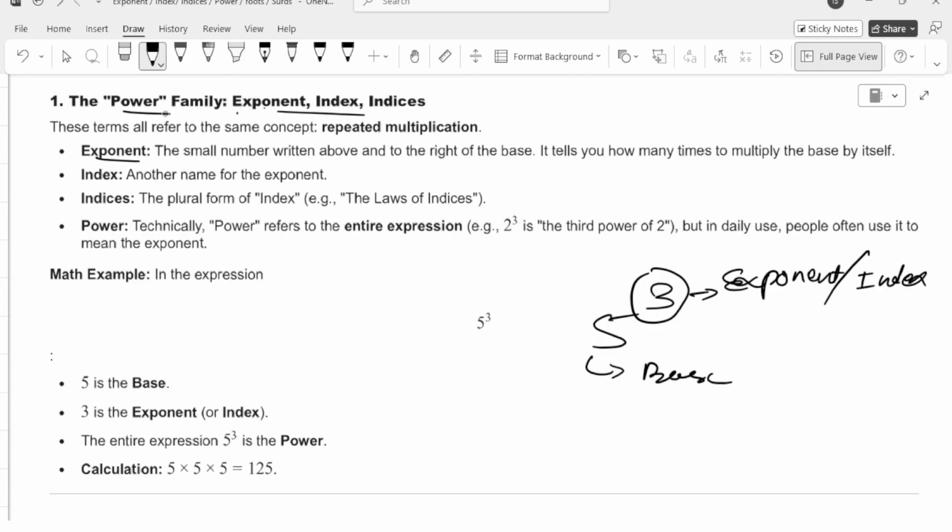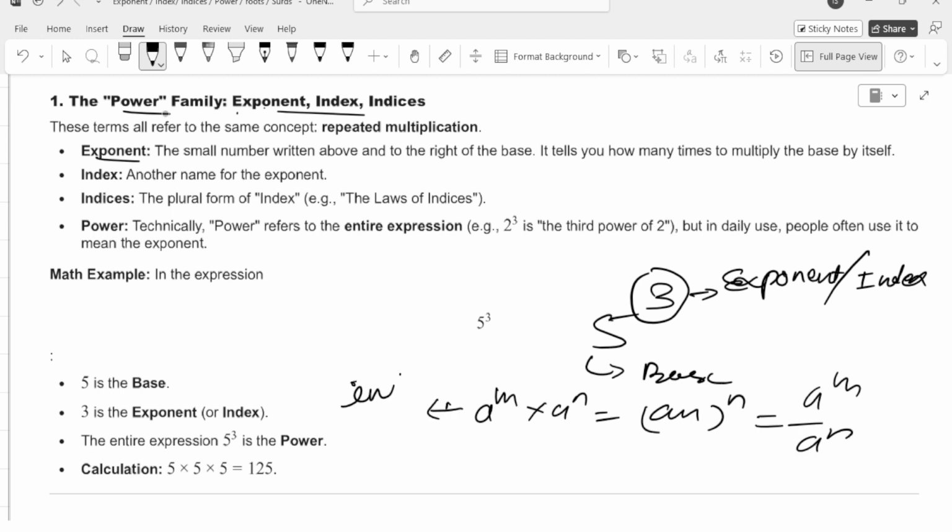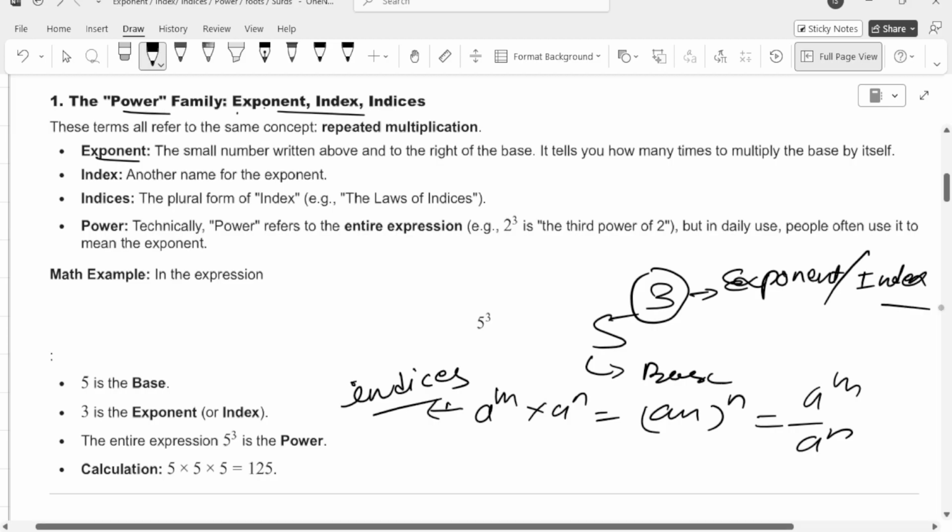But what's the difference between all these words? If we discuss all these rules, a to the power m, a to the power n, and a^m to the power n, that we all discuss, that is indices. That is just the plural form of index.